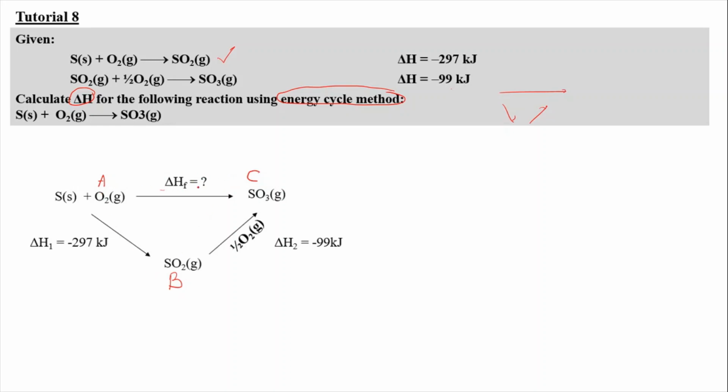So you can say that delta H_F is equal to delta H1 plus delta H2, where here is A going to C, and here is A going to B, going to C. As long as the initial and the final point are the same, the enthalpy change is going to be the same. So we need to find delta H_F, where delta H1 is equal to negative 297 plus delta H2, negative 99. So delta H_F that we get is negative 396 kilojoule.